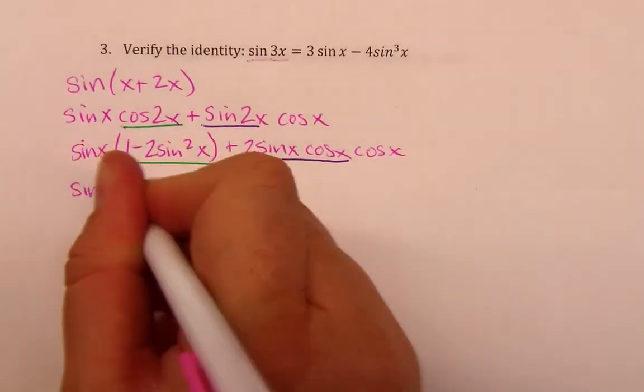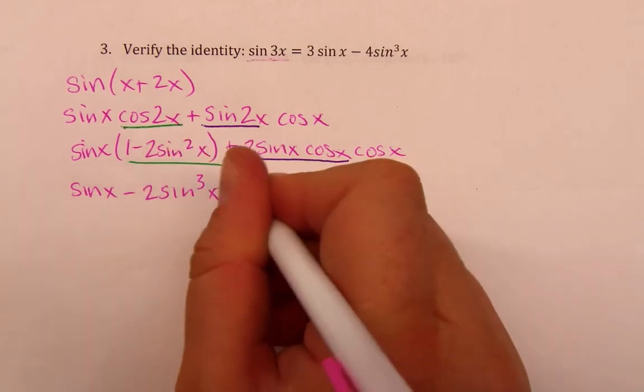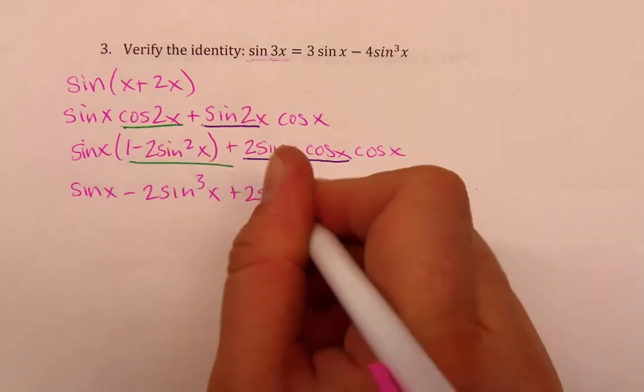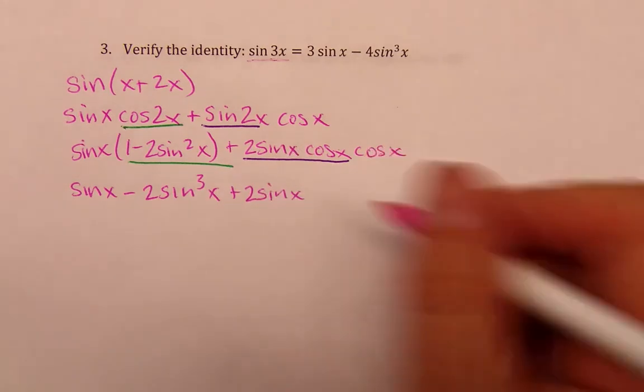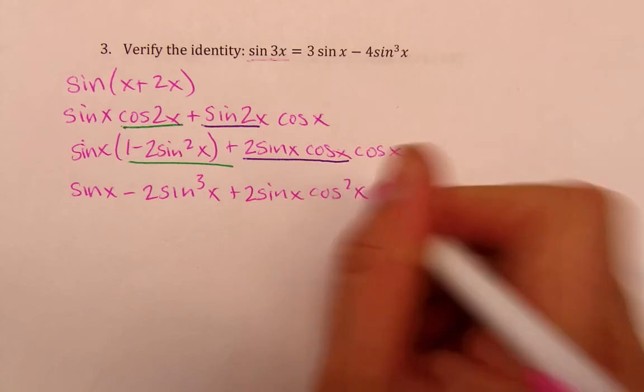So sine x minus 2 sine cubed x plus 2 sine x and cosine squared x.